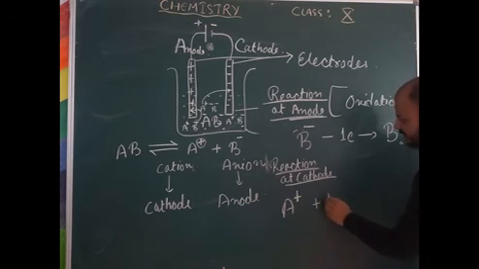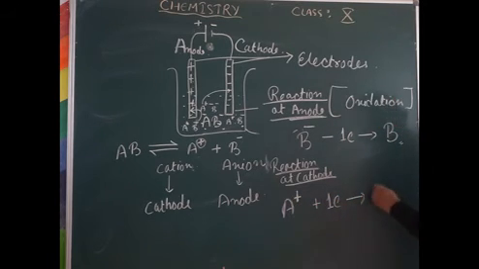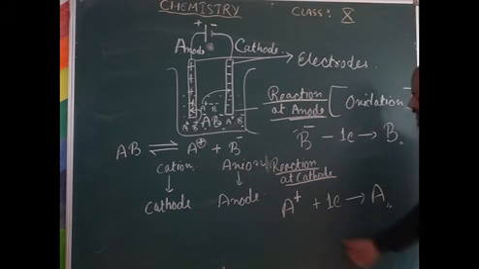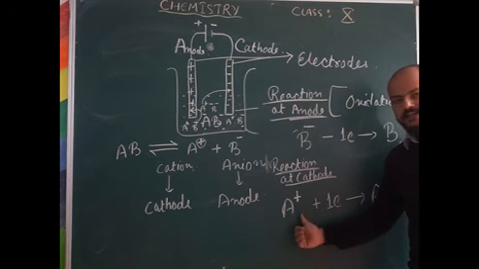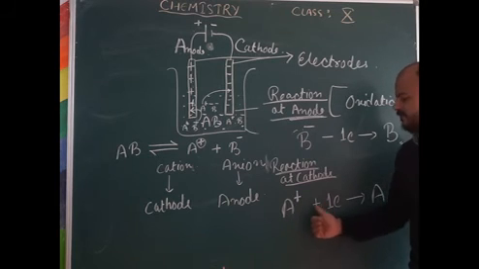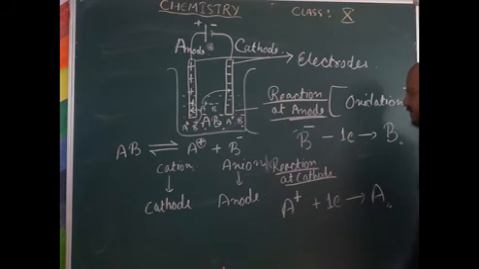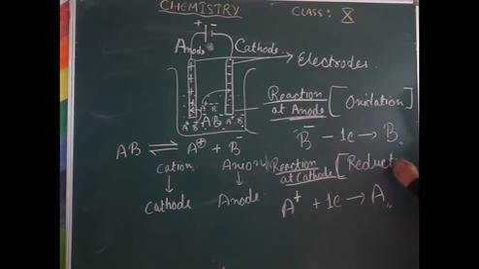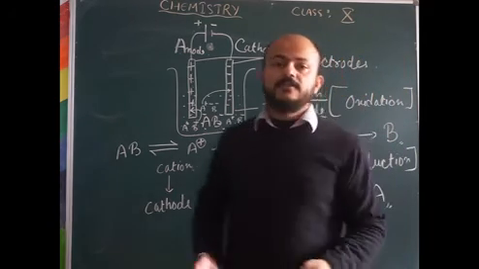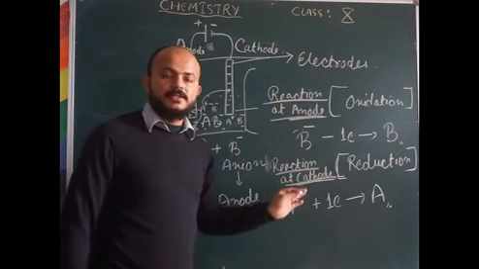So it will gain one electron to become a neutral atom of A. Here you can see at cathode there is gain of electron, and addition of electron is reduction. So you have to remember, reduction takes place at cathode. Okay, very simple.